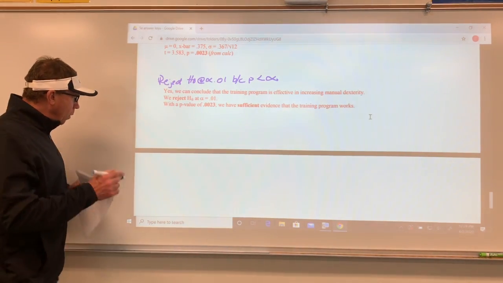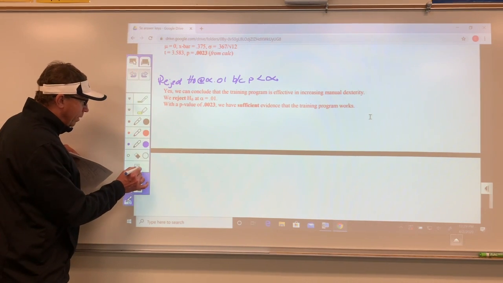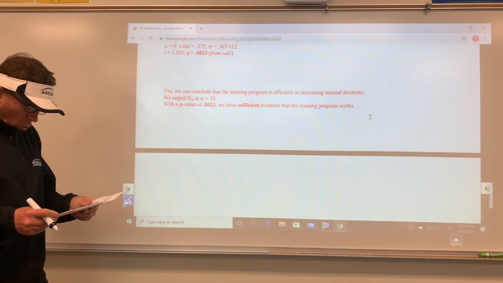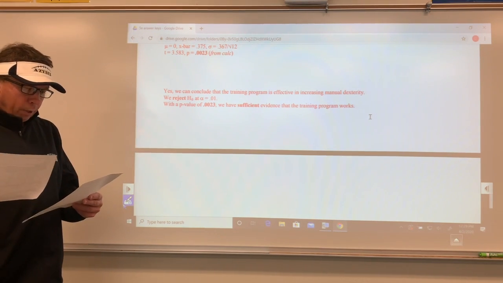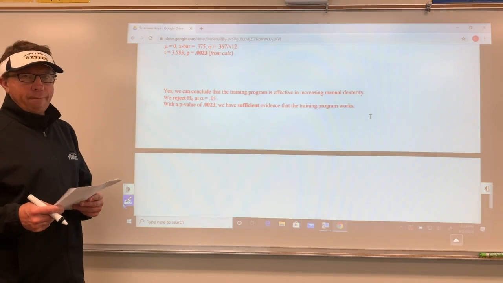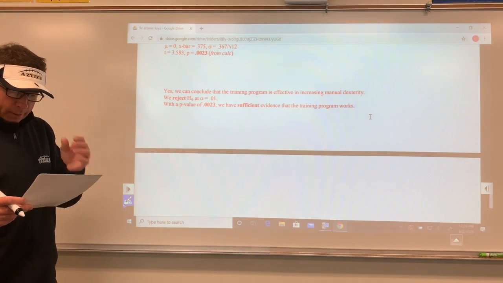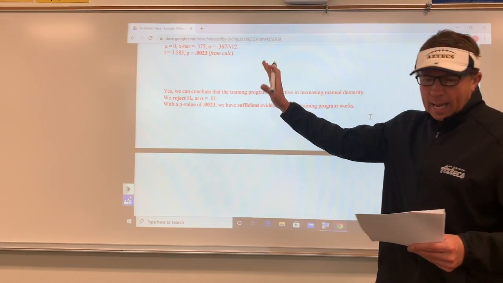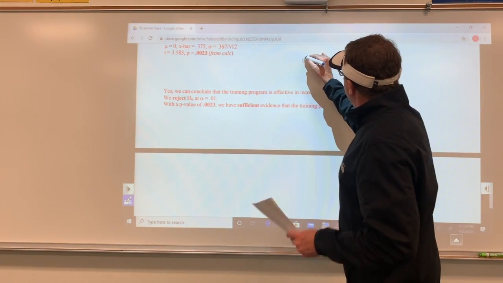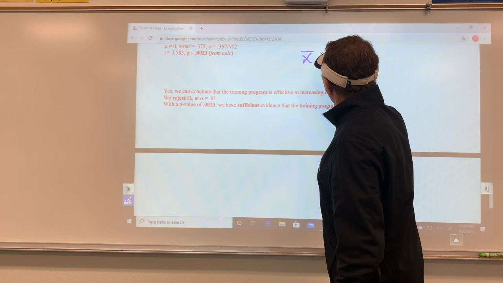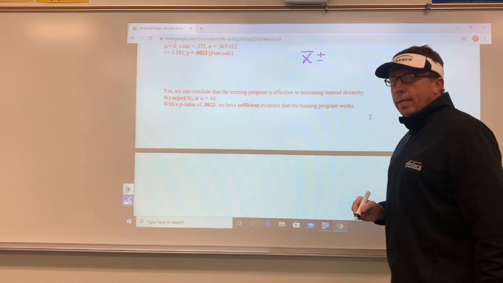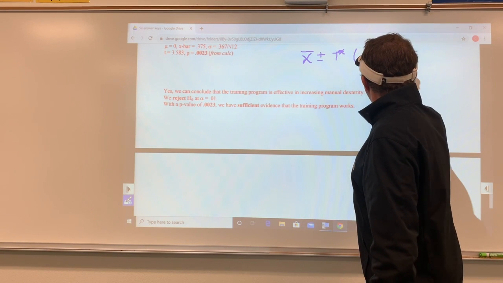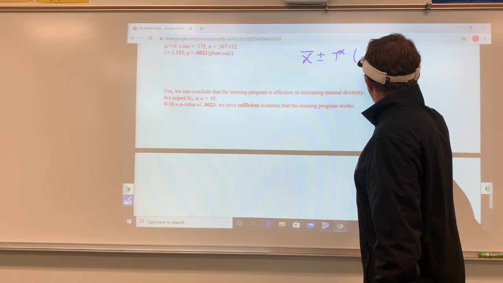Now, let me show you another way you could have done this, okay? Another way you could have done this whole problem was by using a confidence interval. And how it would work is instead of running the test, you would do a confidence interval, and the confidence interval, if you recall, is x bar plus or minus t star times s over the square root of n.